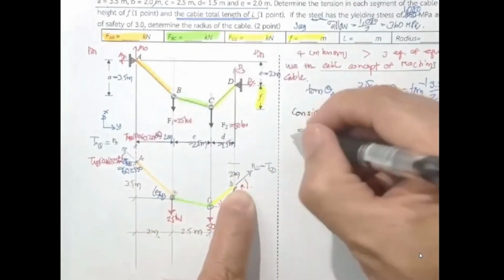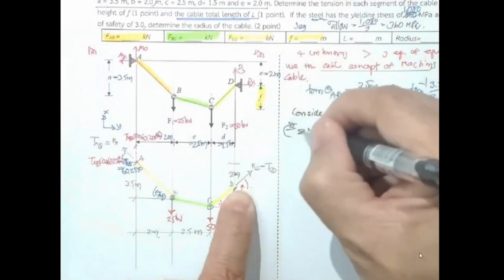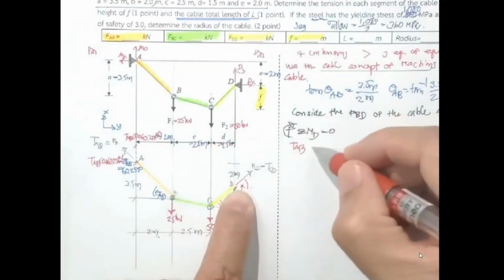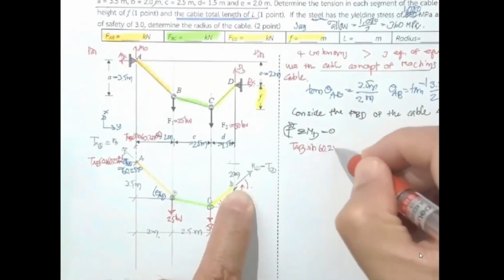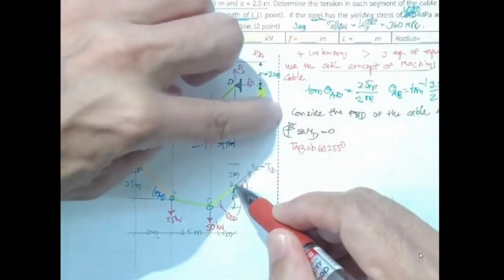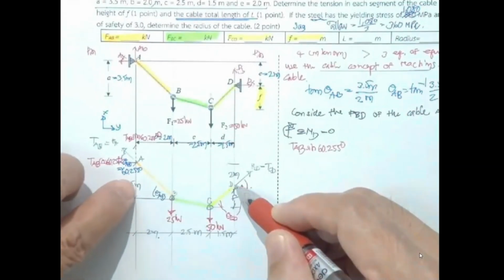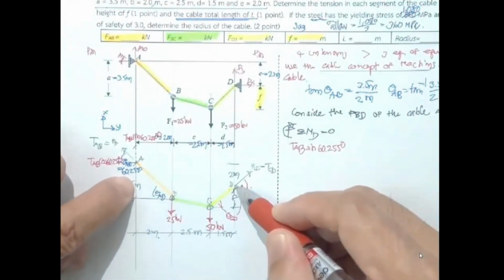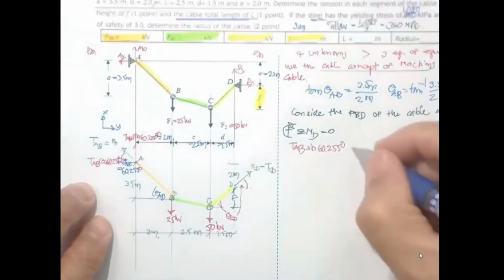So I put this one, counterclockwise is, no, sorry, this is clockwise positive. So you guys will get T sub AB sine 60.255 degree, and it rotates about point D in this clockwise direction, and the distance measured from A to D is the moment arm, and then you get this one to be what? 4, 6. You times this one by 6.